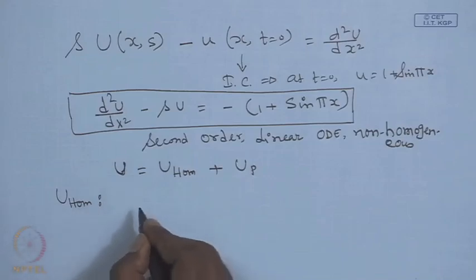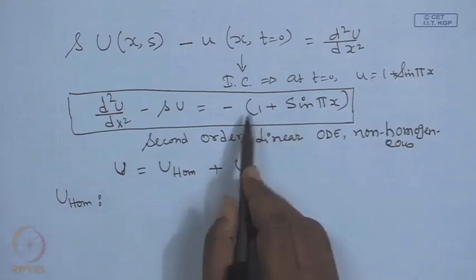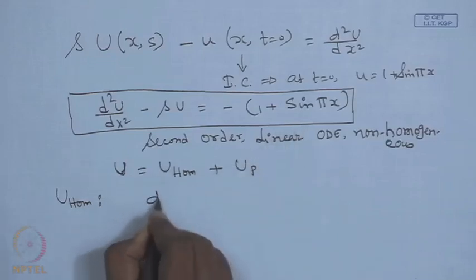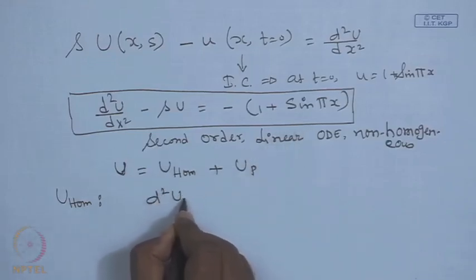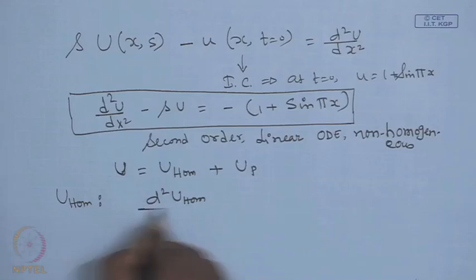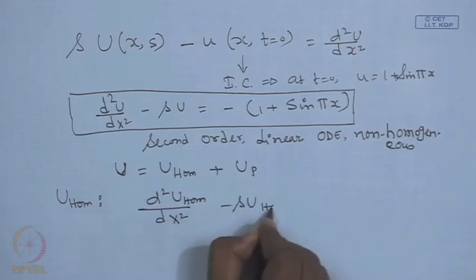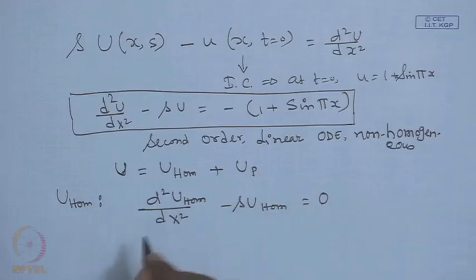The homogeneous solution will be obtained if you put the non homogeneous term to be 0 in the governing equation. So, d²U_hom/dx² minus sU_hom is equal to 0. You put HOM subscript to denote it is homogeneous.